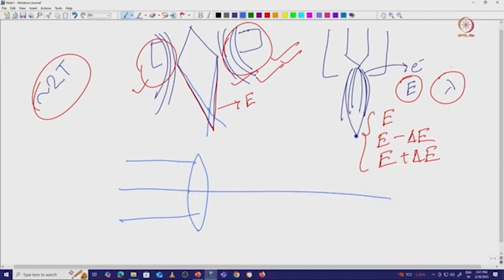Due to the quality of the lens, some rays have a different wavelength, that is red, and the green rays have a different wavelength and will converge somewhere here, and then blue will converge somewhere here. Now you can see separate blue, separate green and separate red.